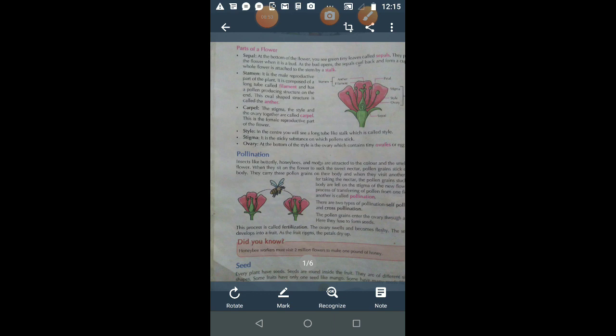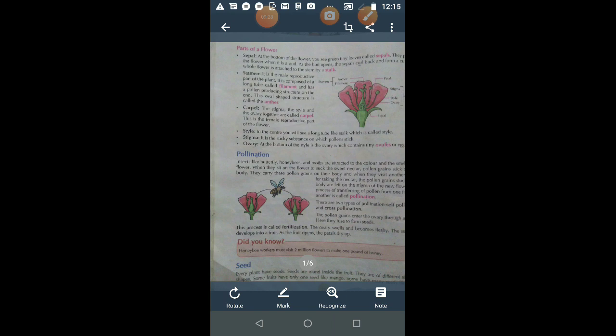It consists of a filament, which is a thread-like structure with a circular structure, the anther, on the top. Is it clear? If you draw a diagram and then write what is a stamen and what are its parts, what is the role of a filament, what is the role of an anther, it gives a very good understanding. Is it clear?